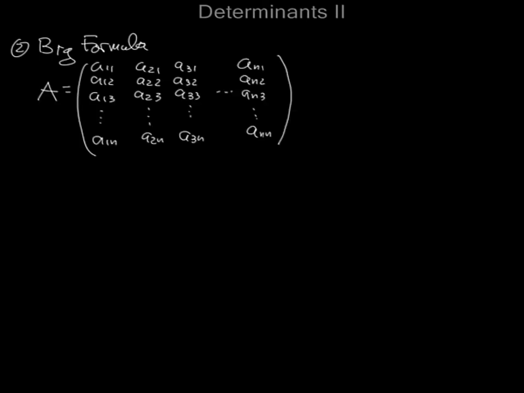Okay, let's write down the big formula for the determinant of a matrix. So here's a big matrix. And what you do is you pick one entry from each row and each column. So for example, let's say we chose in the first column the third entry, and the first, and the second, and the last, like this.